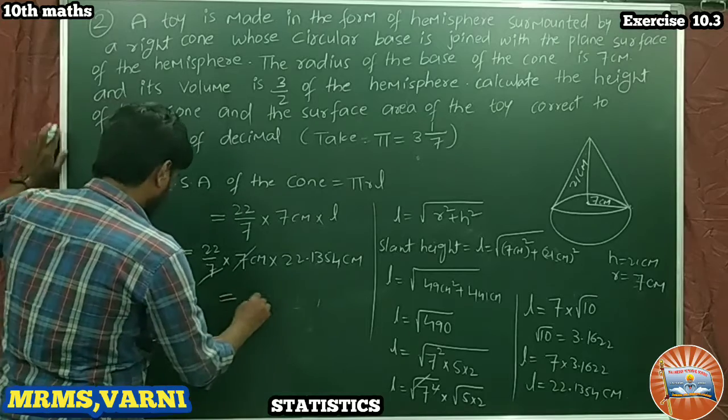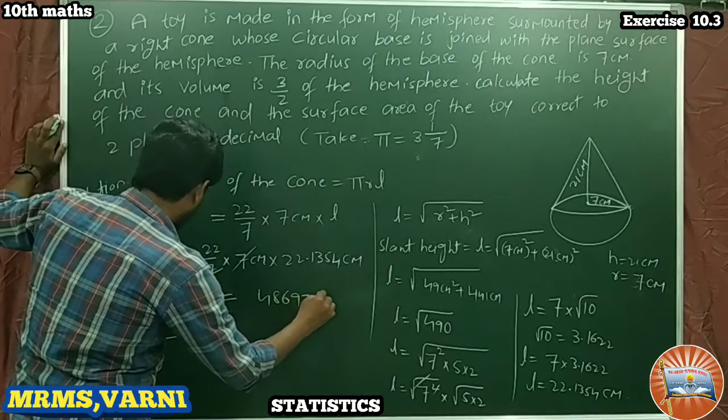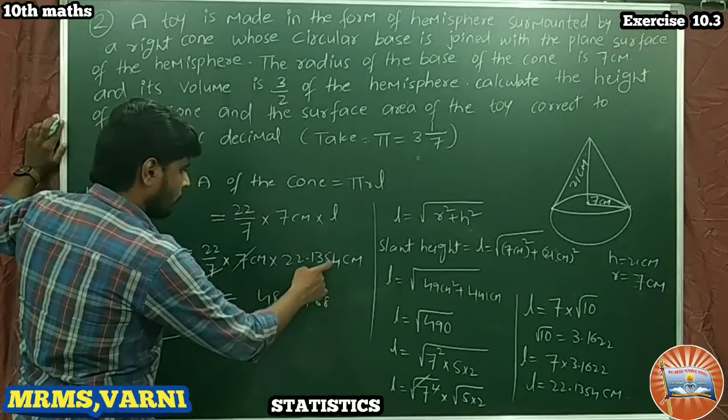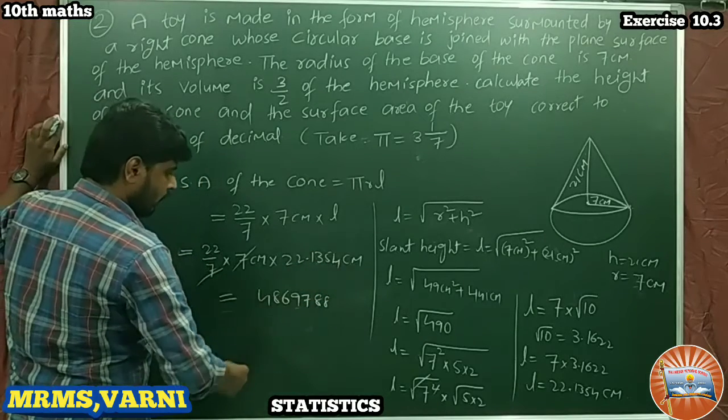What we got is 4869788. After 4 decimal places, we take the point here.